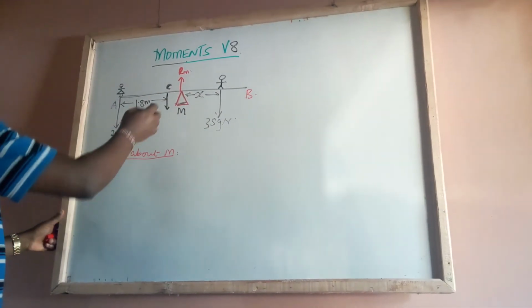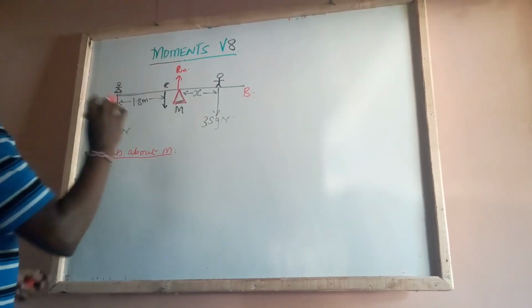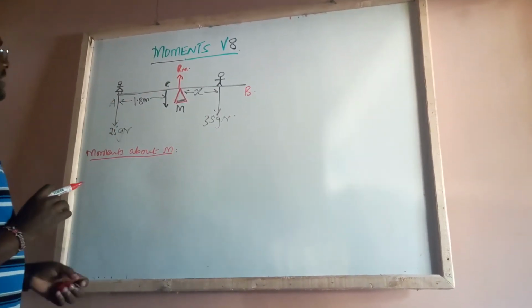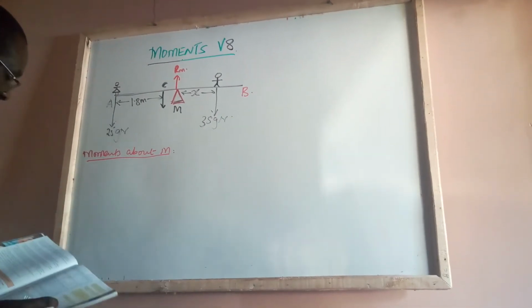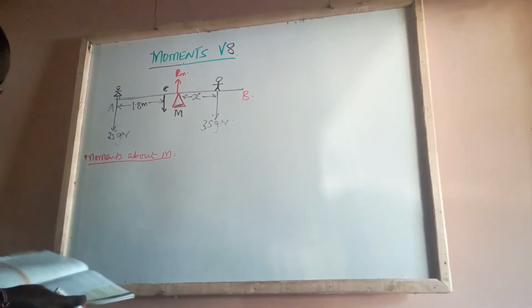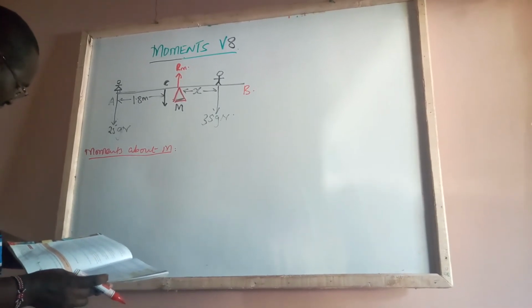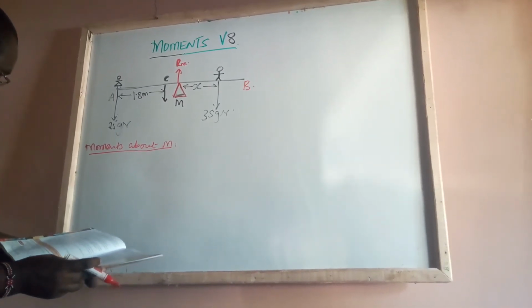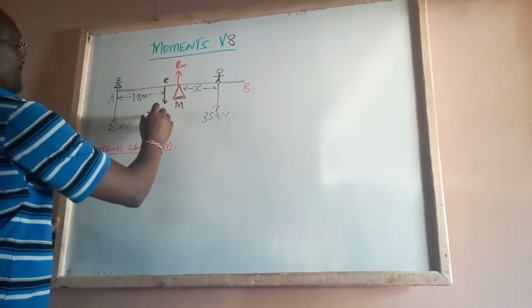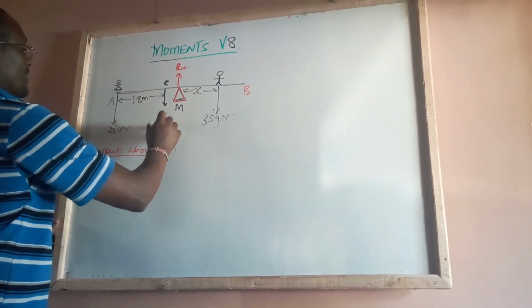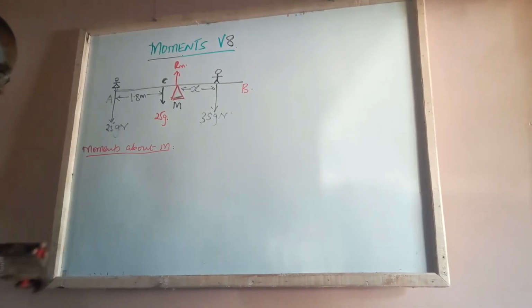But before we go to the calculation, let us have all the details. What is the mass of the plank? It's supposed to be 25 kg. Plank AB has a mass of 25 kg, so the force exerted by the plank is 25g as well.